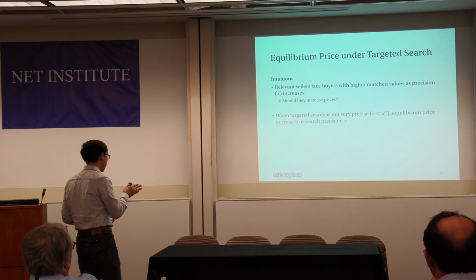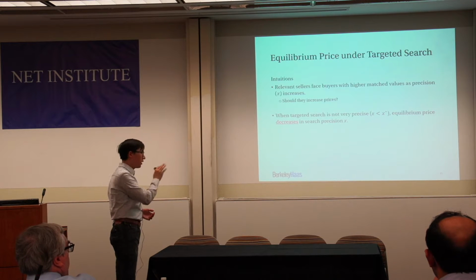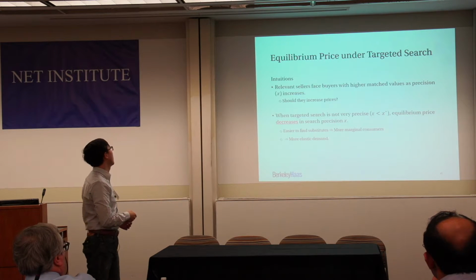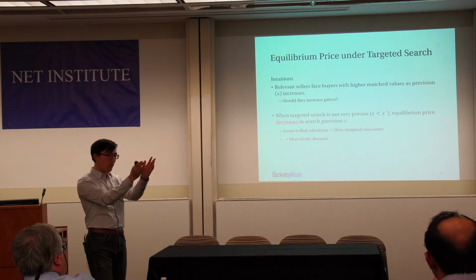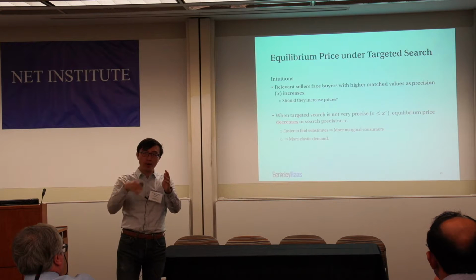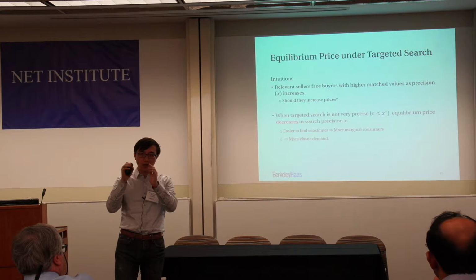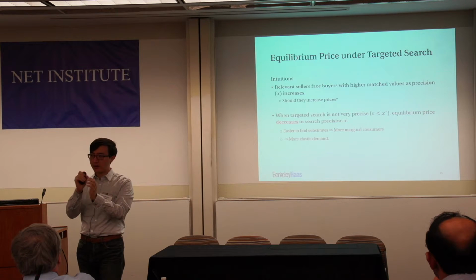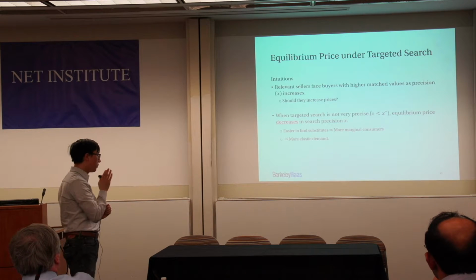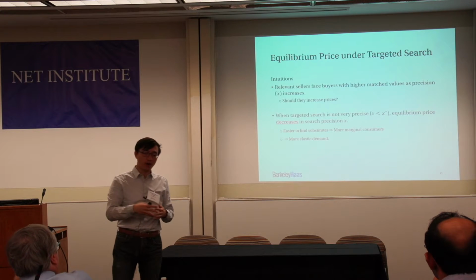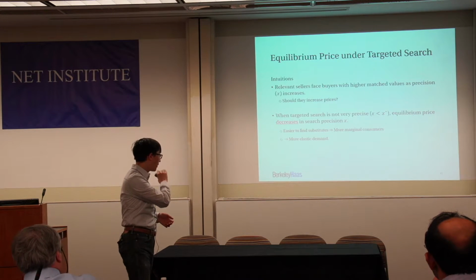And that competition is actually going to be stronger when you make the search more and more precise, because in this setup, when you increase the precision of search, all the remaining listings above this cutoff X are going to be more and more similar to each other. That force is going to make it easier for consumers to navigate and make the demand more elastic.